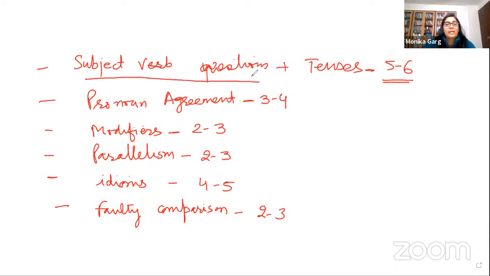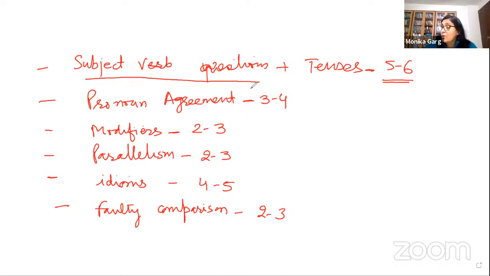Subject-verb agreement. When it is a pure subject-verb agreement question, all you need to do, as I said, is to focus on the subject and then locate the verb that's parallel in structure to that particular subject. If your subject is singular, your verb should be singular.